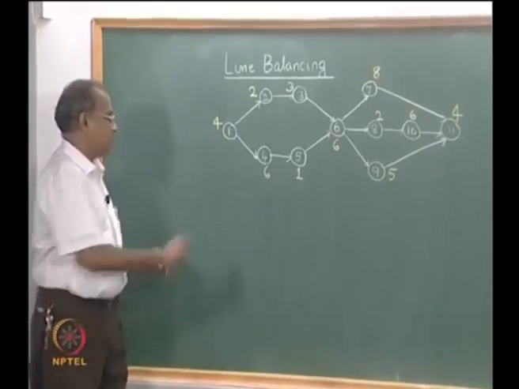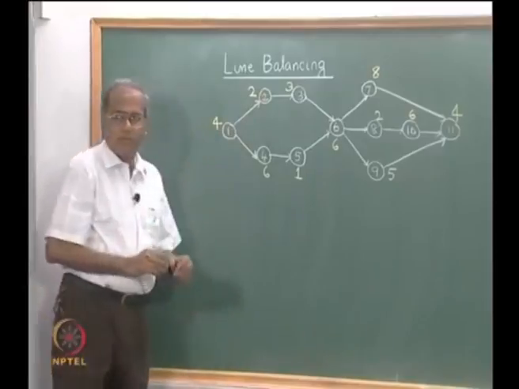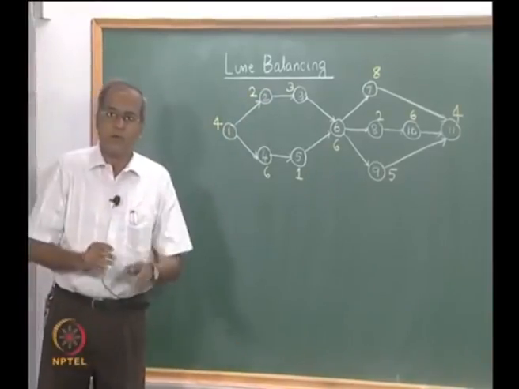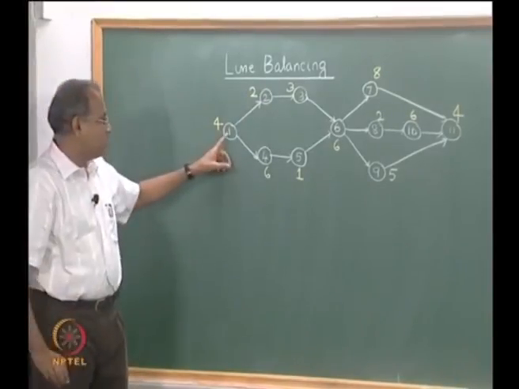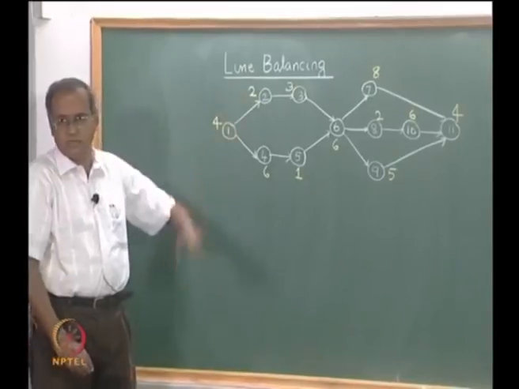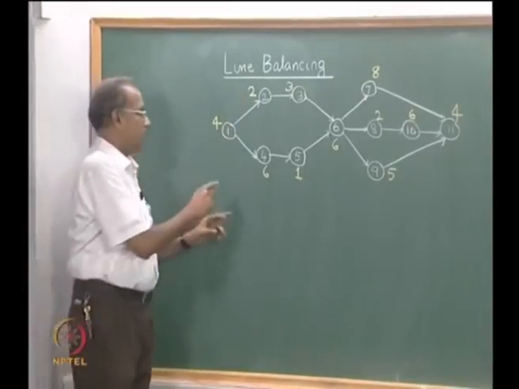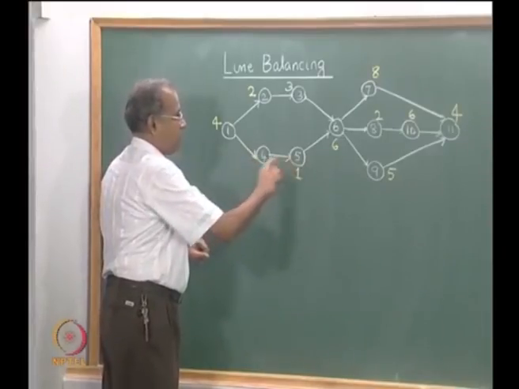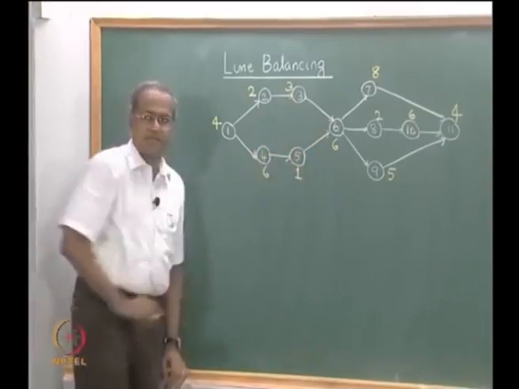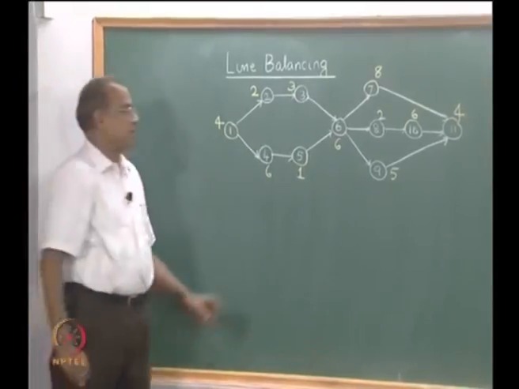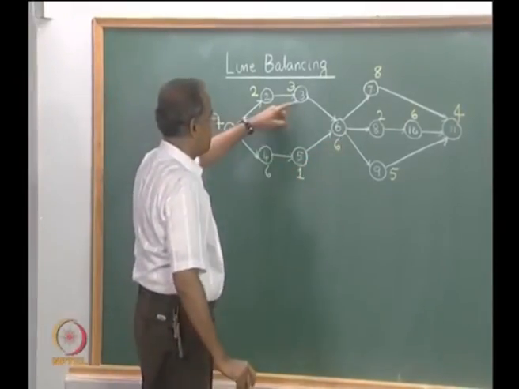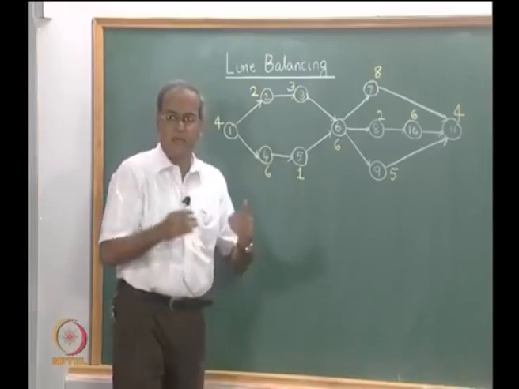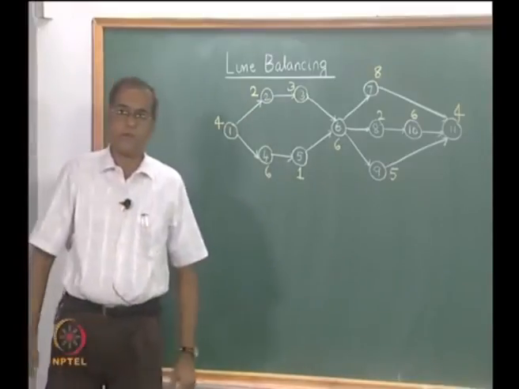For example, component number 2 cannot be assembled unless 1 is assembled. So, 1 precedes 2. Similarly, 1 precedes 4, 4 precedes 5, 3 and 5 precede 6 and so on, which means we cannot do activity 6 unless both 3 and 5 are completed.